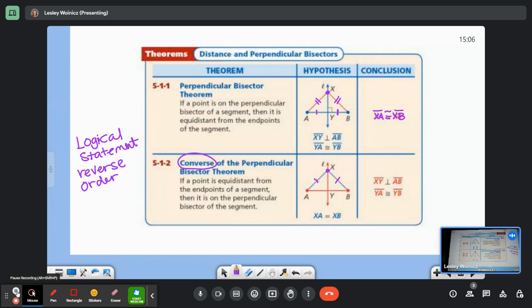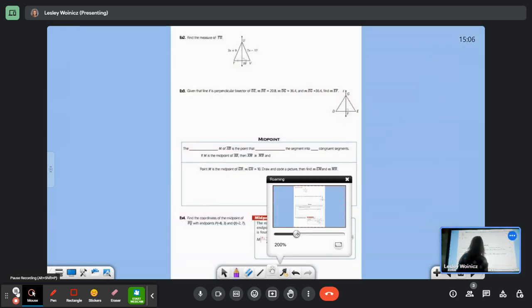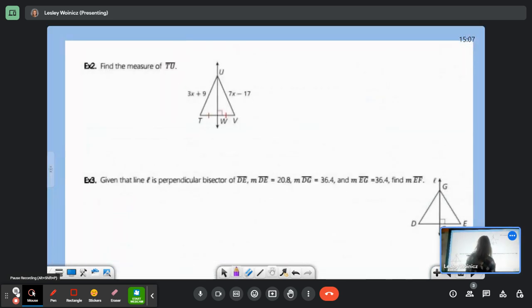All right, let's go to the next page. We're going to find the measure of TU. So let's look at the information that we have. What do you think is special about the line WU? What can we call this?